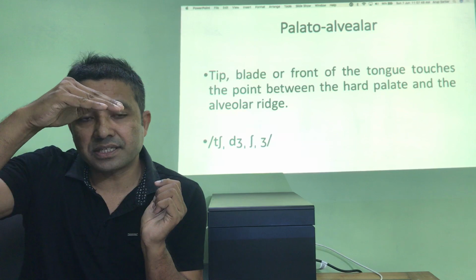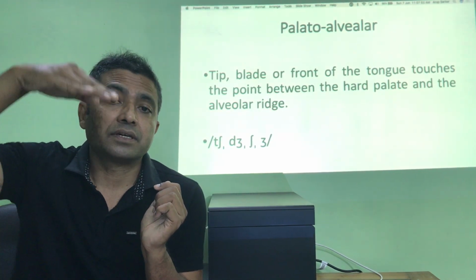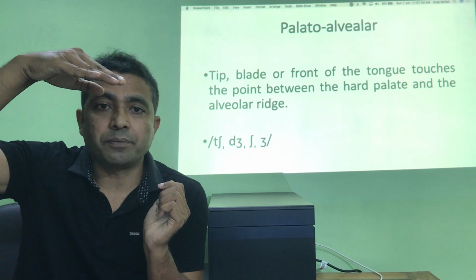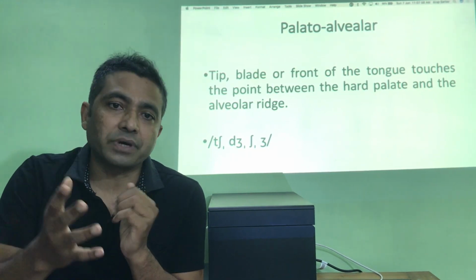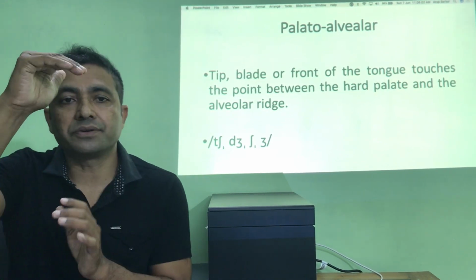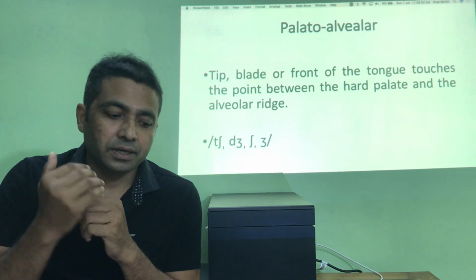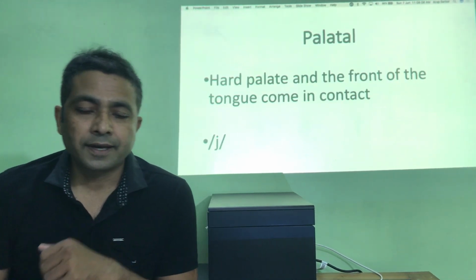So it covers the entire palate from the alveolar position. That's why they are called palato-alveolar.